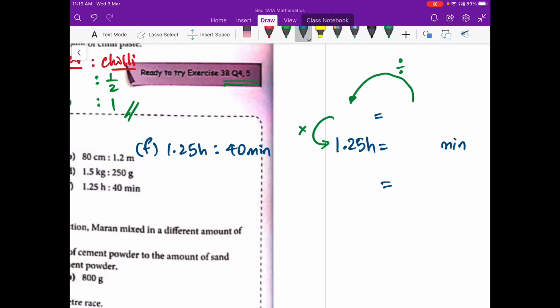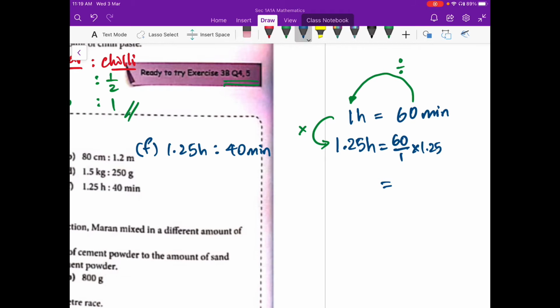We already know that. So what information do you know for hours and minutes? 1 hour equals 60 minutes. We have to put the hours on the same left hand side. So 1 hour equals 60 minutes. Then you just follow. Divide, 60 divided by 1, 60 over 1. Multiply by 1.25. And we will get our answer.